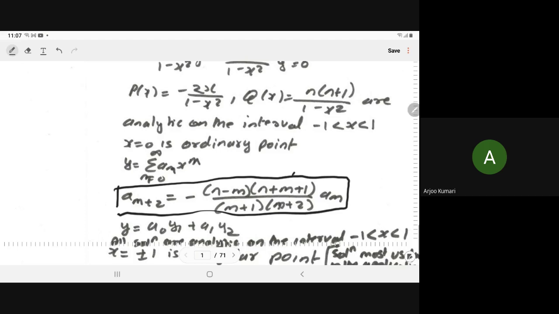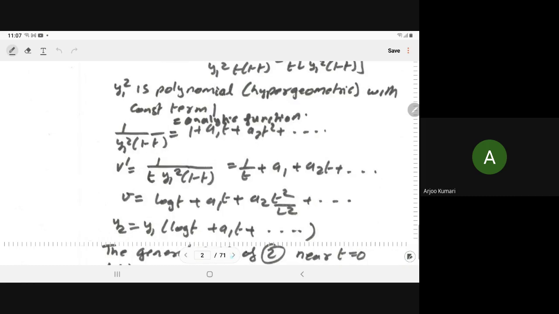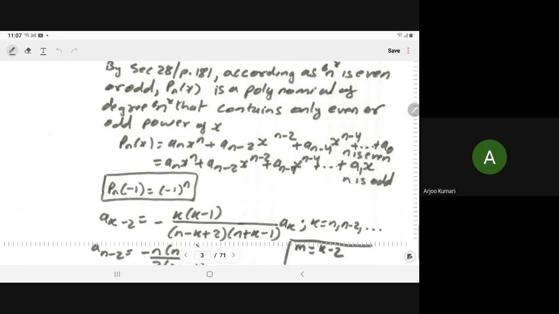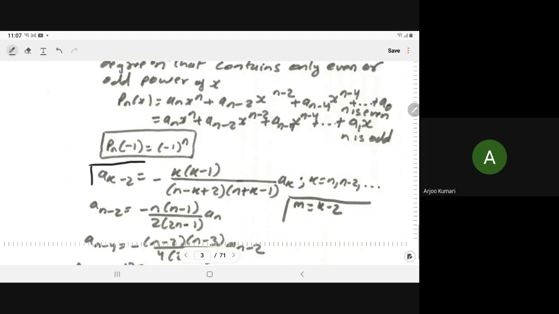In this, if you put m equal to k minus 2, you will get the recurrence relation a(k minus 2) is equal to minus of k into (k minus 1) upon (n minus k plus 2) into (n plus k minus 1) into ak.